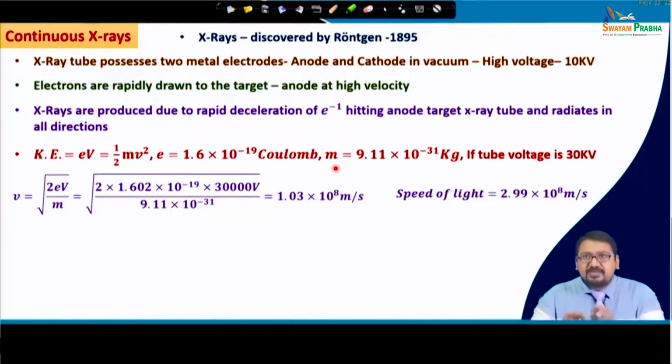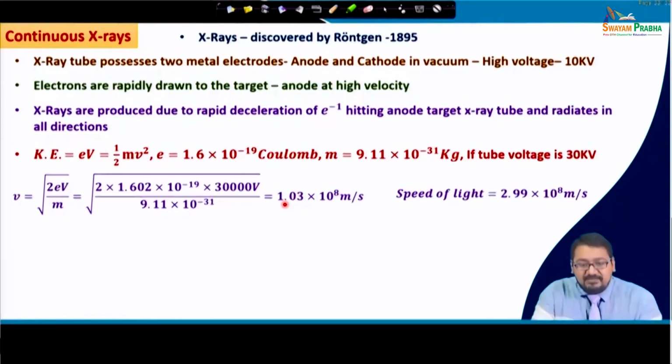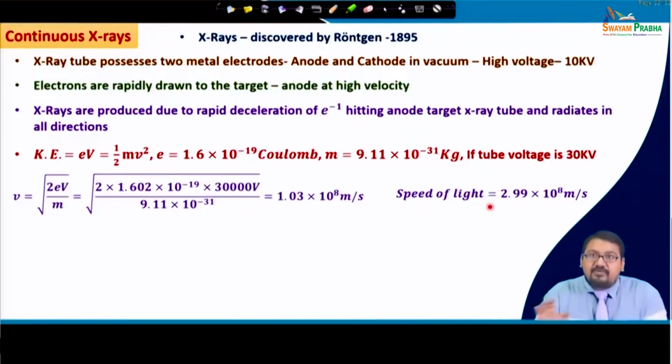So if we give a tube voltage of 30 kilovolts, using this equation the velocity of the electron is equal to the root of 2 e V divided by the mass, that is 2 times 1.6 into 10 to the power minus 19 coulombs times 30 kilovolts, divided by 9.11 into 10 to the power minus 31. It comes out to be about 1 into 10 to the power 8 meters per second, which is about 1/3 of the speed of light.